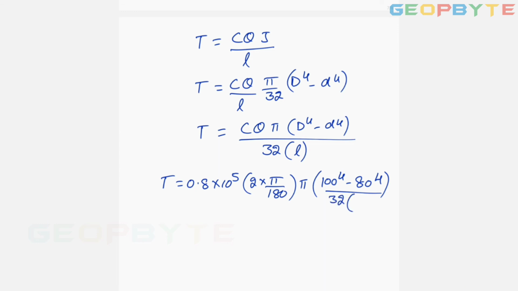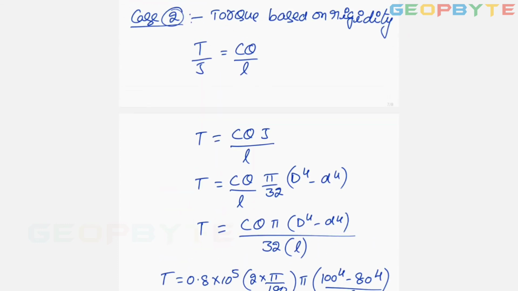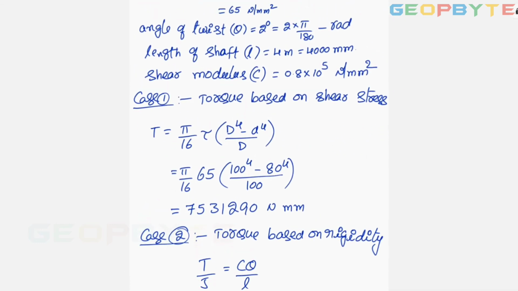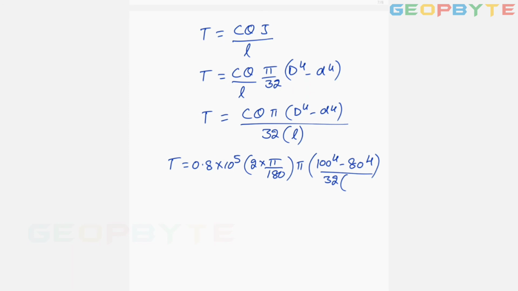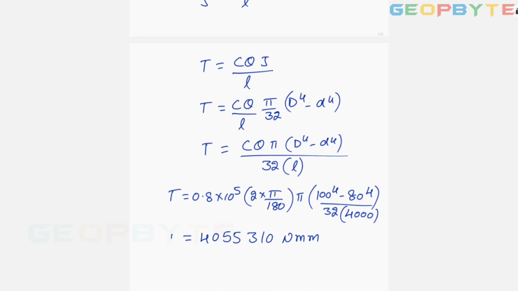Length is given, length is 4 meters. Length of the shaft is 4 meters, that is equal to 4000 mm. Simplify this value, I am getting 4055310 Newton millimeters.